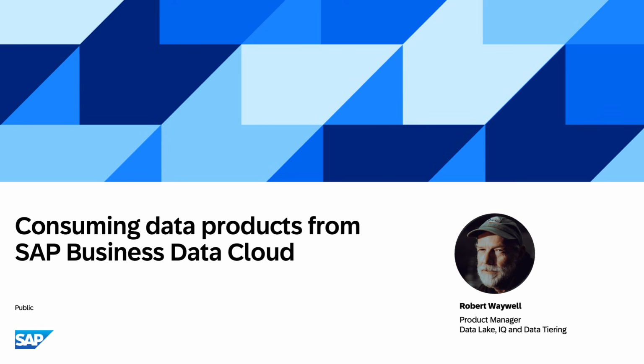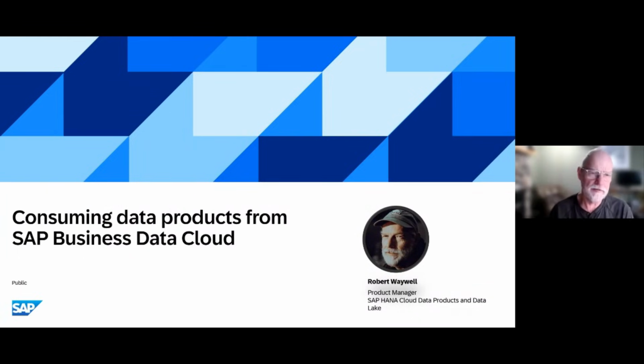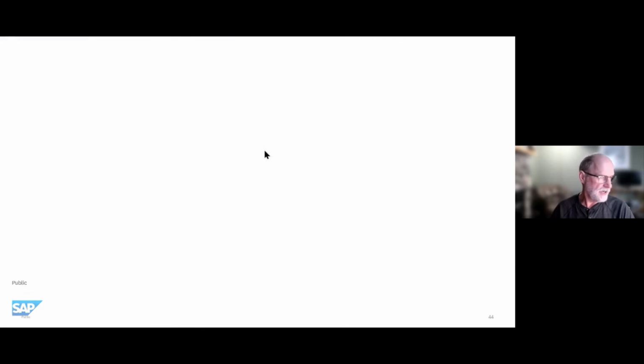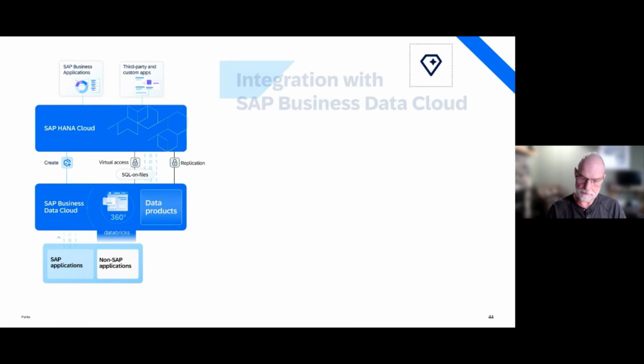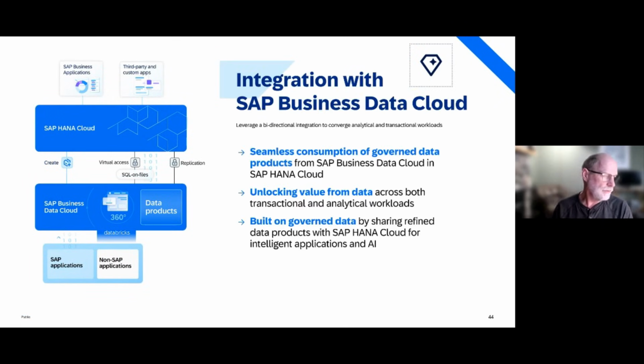So I get to talk about our ability to consume data products into HANA Cloud from BDC. Folks have probably heard a lot about data products being published through BDC, through the BDC catalog.